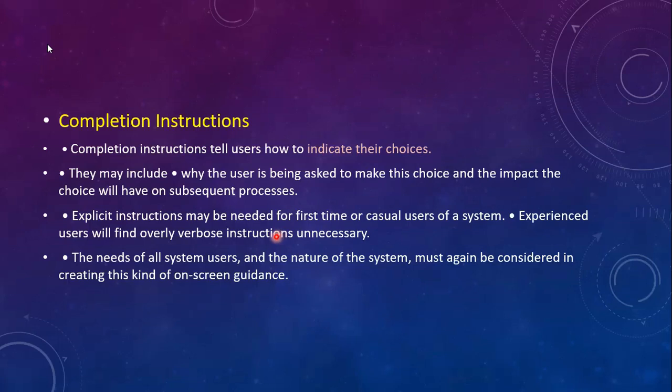So the needs of the system users and the nature of the system must be considered in creating the on-screen guidance. Completion instructions are very necessary for new or inexperienced users.